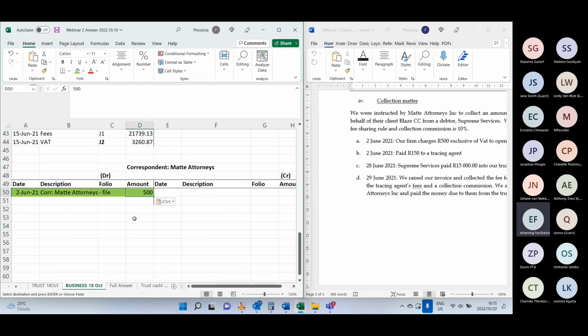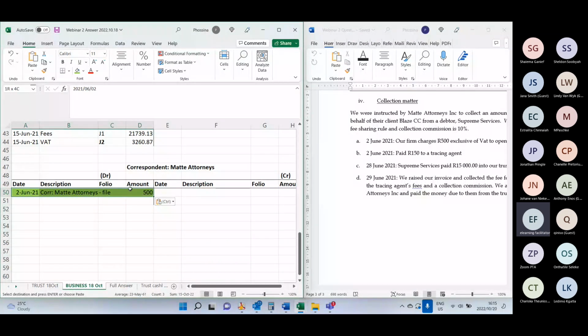Remember, debtors are our assets. We are being owed money by the debtors. So when we are increasing our assets, we debit the asset account. When we raise an invoice, we are increasing our assets because we haven't been paid. So we debit our debtors. That is why we are debiting the correspondent.